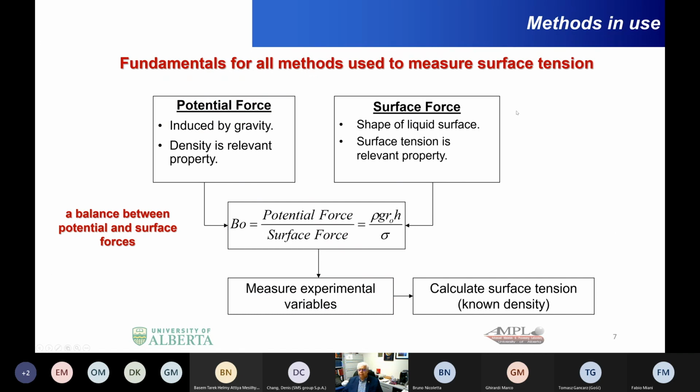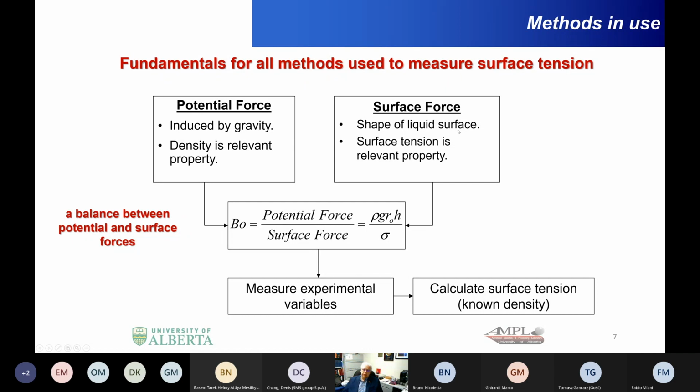Of all the methods that are used for making these measurements, and I'm going to just focus as an example here on surface tension, there are really fundamental conditions that need to be met in order to make those measurements. One is the potential force induced by gravity, and here density, of course, is a relevant property. And at the same time, we're looking at these potential forces as they act opposite surface tension forces.